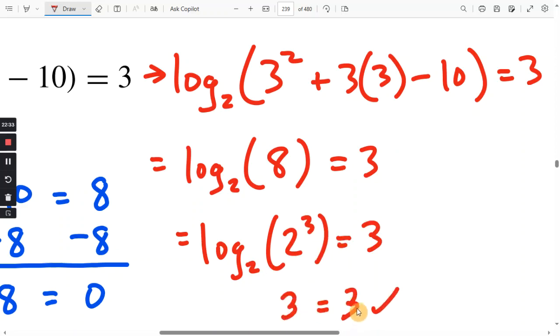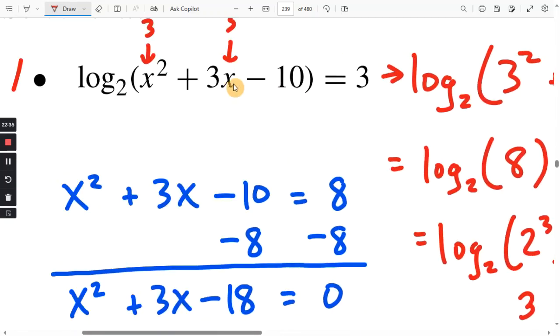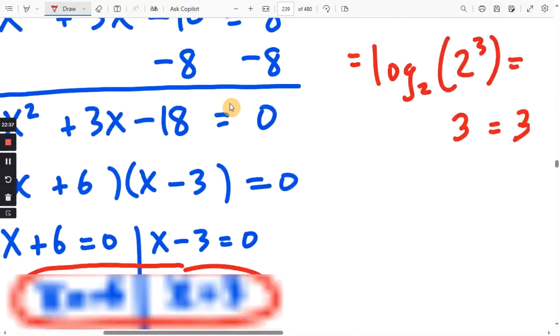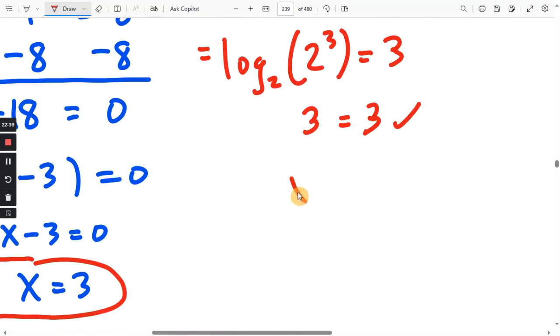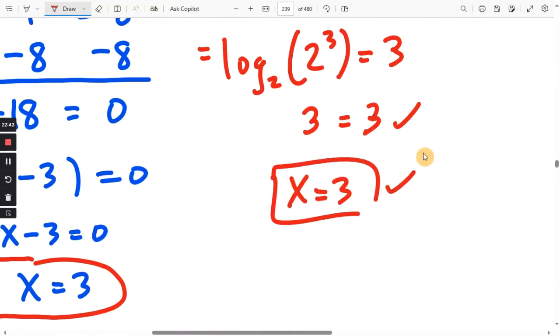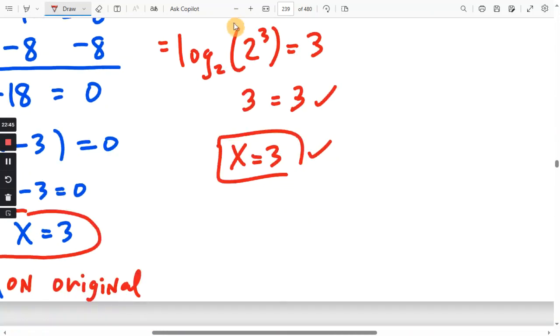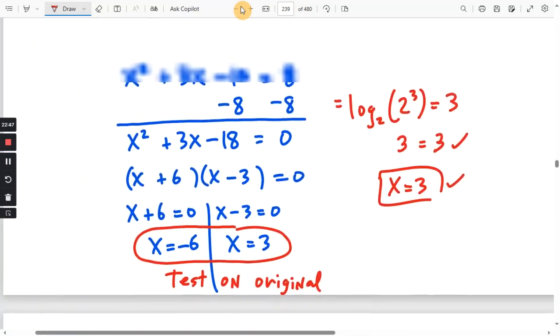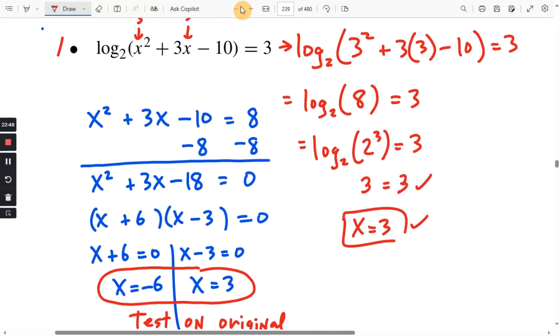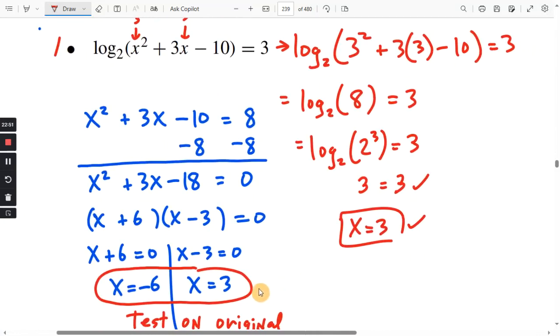All right, that checks out, and that means x equals 3 is also a solution. All right, so we said to test it on the original, and both of them work.